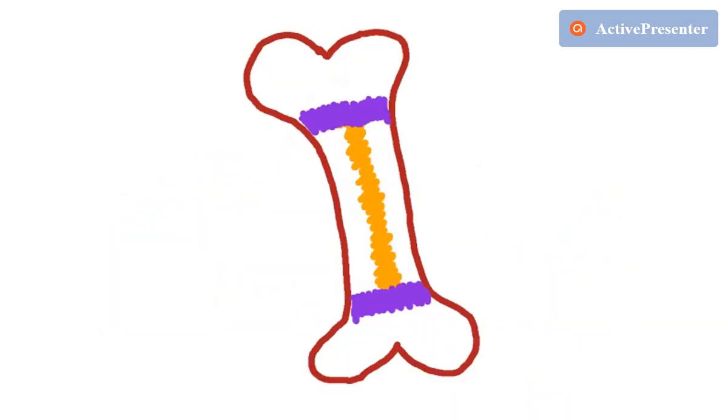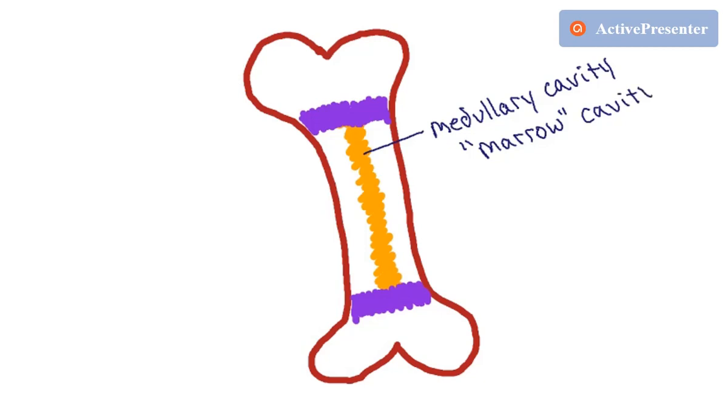Now here's the same bone again, and I just wanted to zero in on a couple of things here. Inside here, this would be the medullary cavity. This is also called the marrow cavity. So it's the same thing, medullary or marrow cavity. And then this purple neck, and there's one down here too, this is the metaphysis.